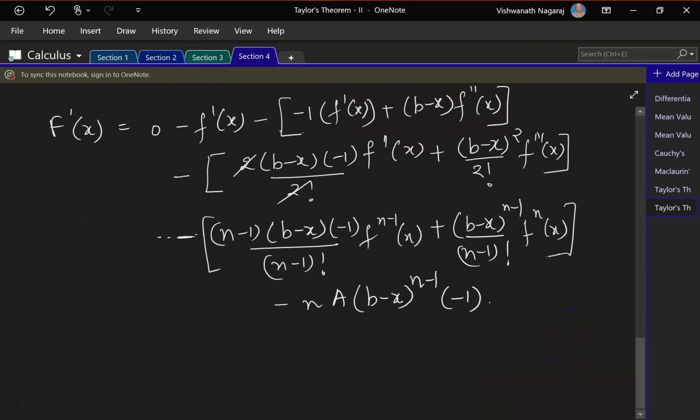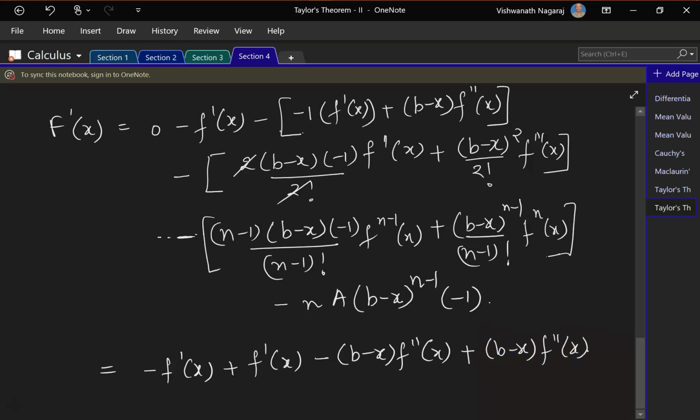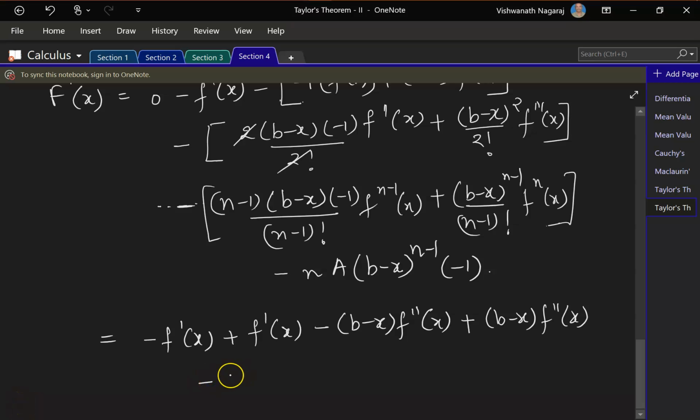Okay, now let's simplify this. Let's now write 0 f prime of x plus f prime of x minus b minus x f double prime of x, minus into minus plus b minus x f double prime of x, then comes minus b minus x square by 2 factorial times third derivative of f of x.